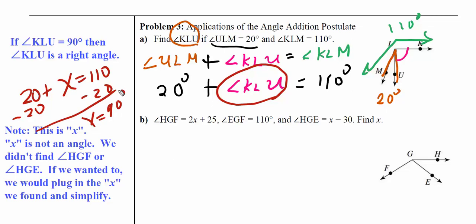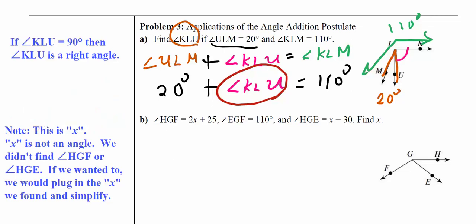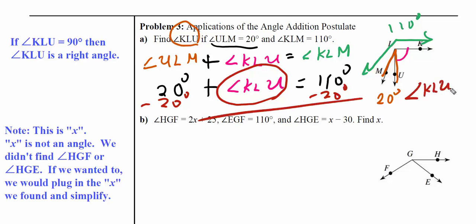Okay, so in this case, we're not solving for x. There are no x's in here. I don't want to get into the habit of x's. I just want to let you know that you can treat that as one variable. So I subtract 20 from both sides over here, 20 degrees, and I get that angle KLU is equal to 90 degrees.